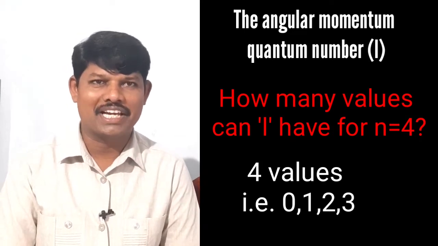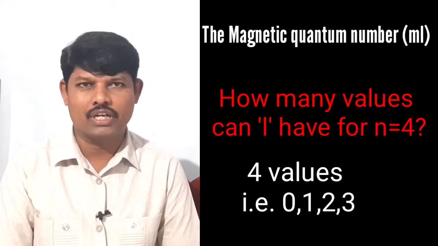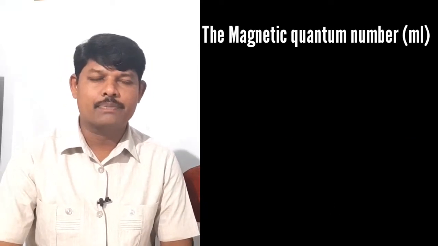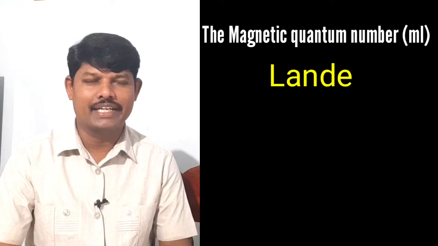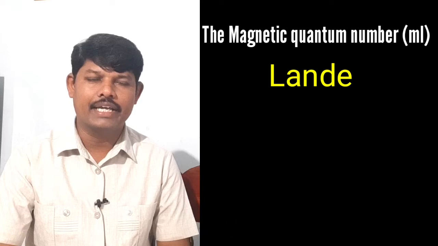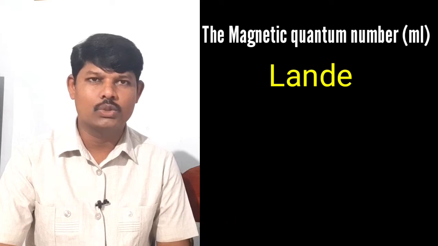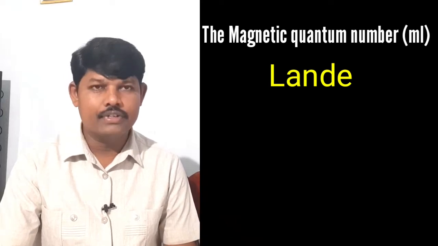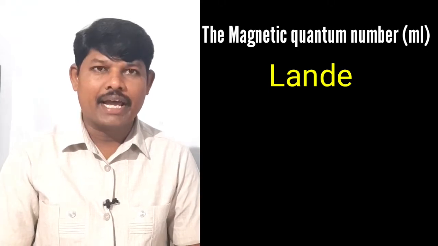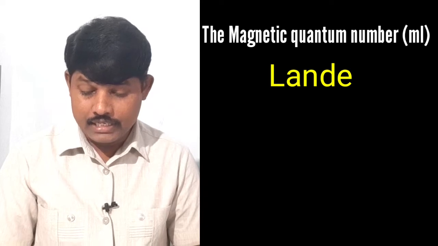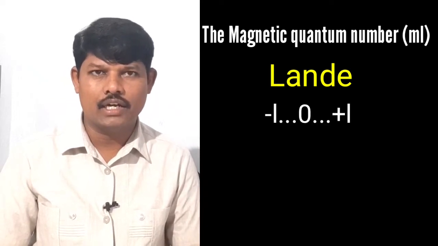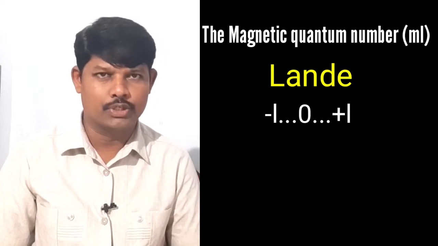This is about the angular momentum quantum number. Next one, the magnetic quantum number. The magnetic quantum number is proposed by Lande, L-A-N-D-E. It is denoted by m subscript l, m_l, you have to write it like that. The magnetic quantum number m_l has integer values between minus l and plus l including 0.